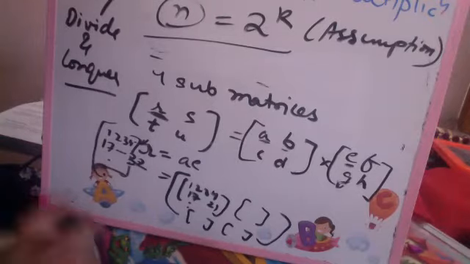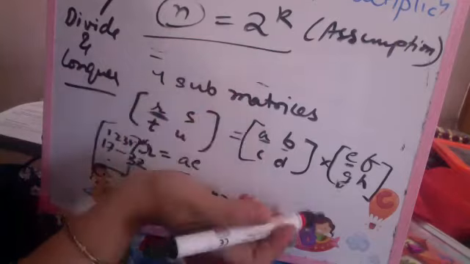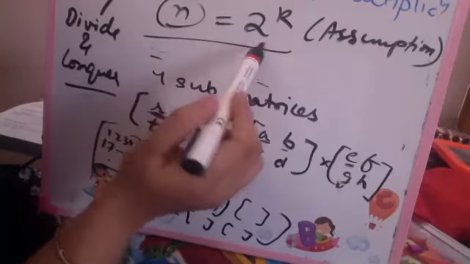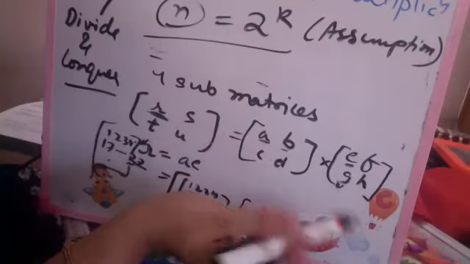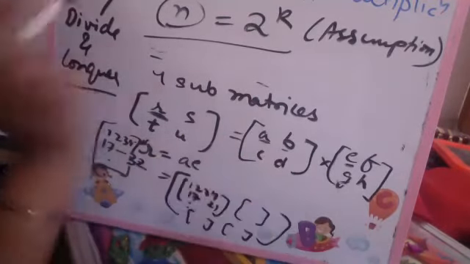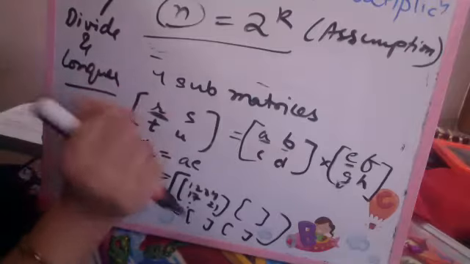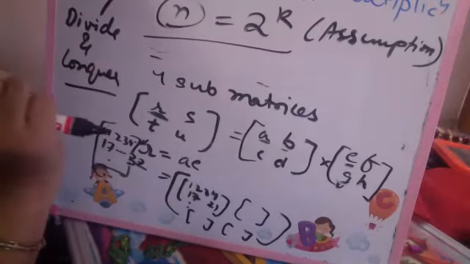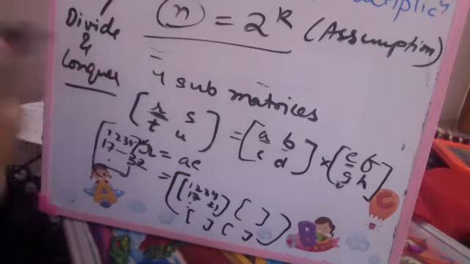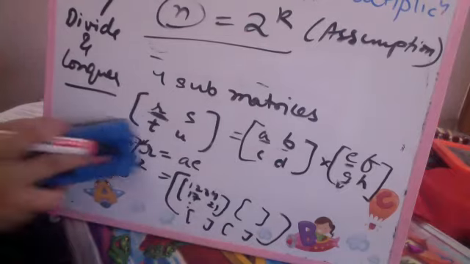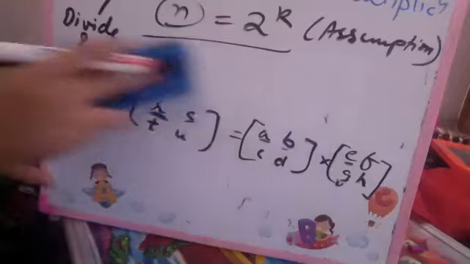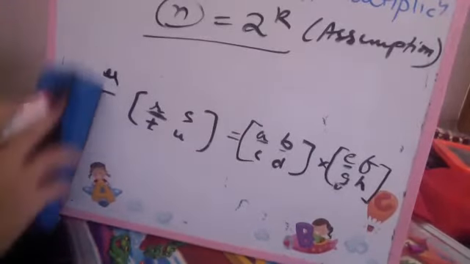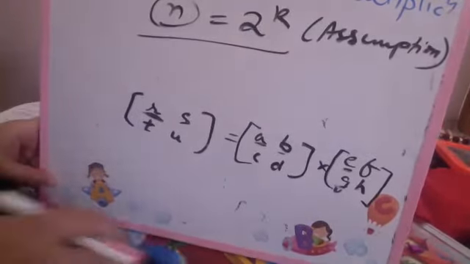Yes, ma'am. If it is an n cross n matrix, and if n is a power of 2, then I can divide into 4 submatrices till I reach a point where they cannot be divided further. They all have single elements. Is that okay? Now if I try to calculate the product of these 4 submatrices by the divide and conquer approach, then what am I doing?